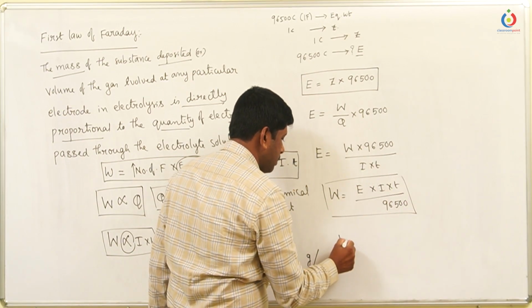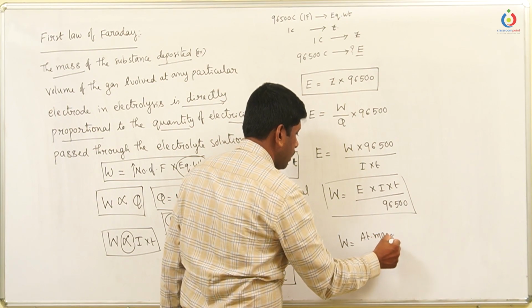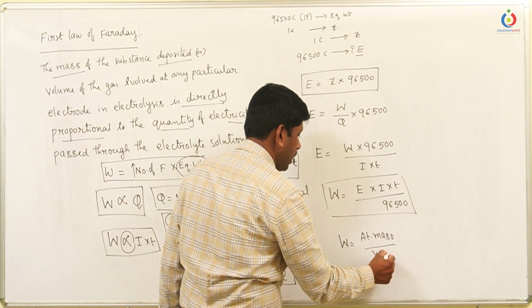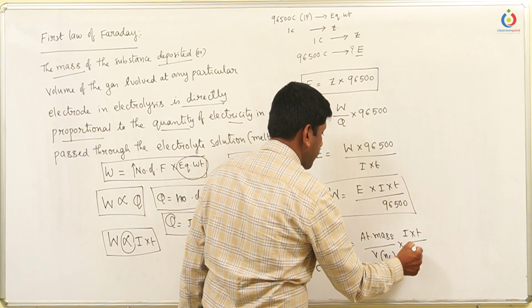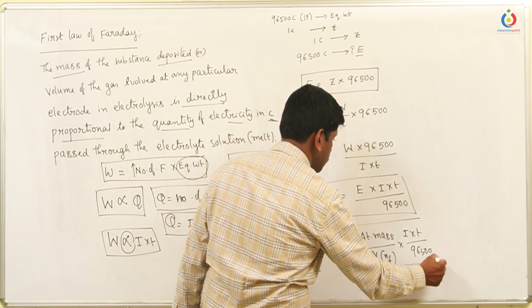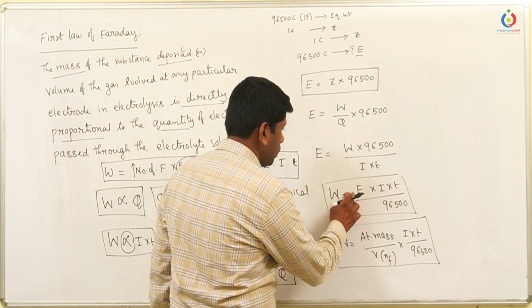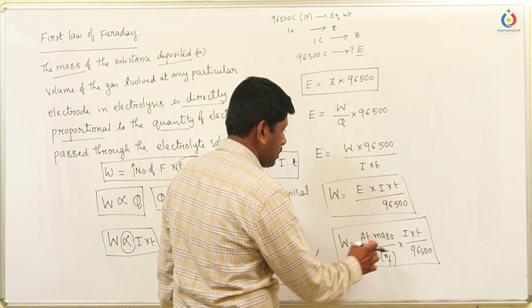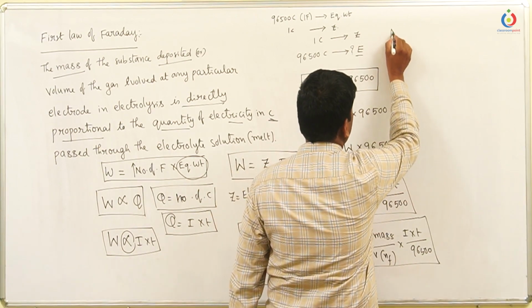Equivalent mass of any substance is equal to atomic mass divided by valency, or valence, also known as n factor, into I into T by 96,500 coulombs. Atomic mass by valence is known as the equivalent mass, and I into T by 96,500 is a new term for us.